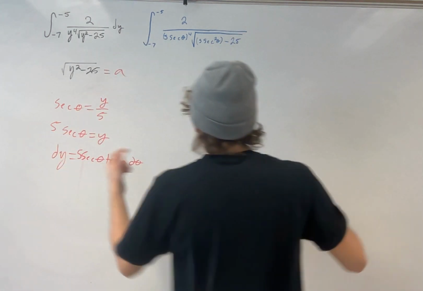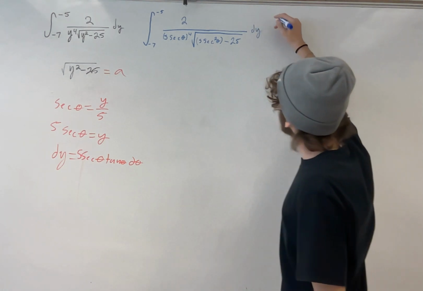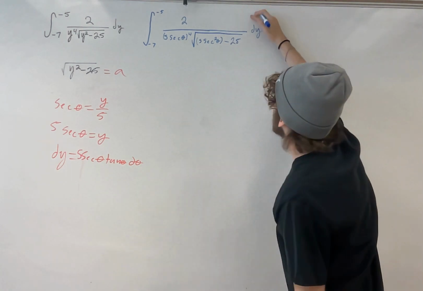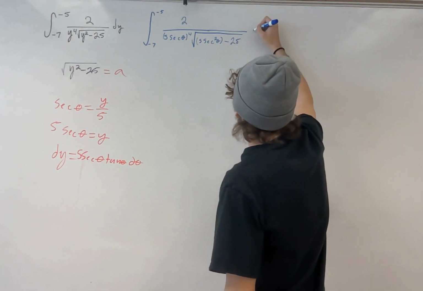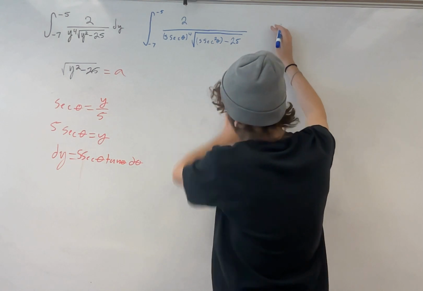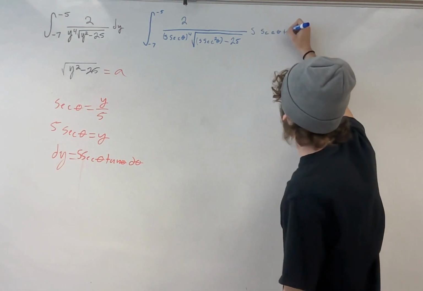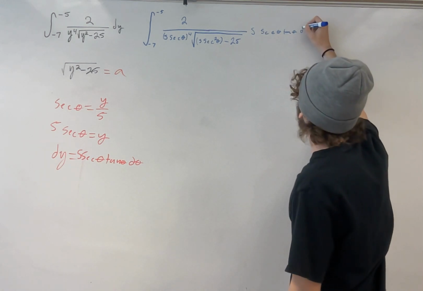Okay, and then we're going to multiply this by dy, but it's not dy anymore. It's 5 secant tan theta d theta. I'll simply write it out here first: secant theta tan theta d theta.